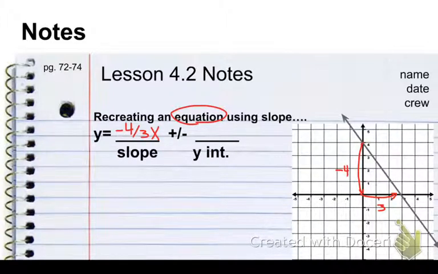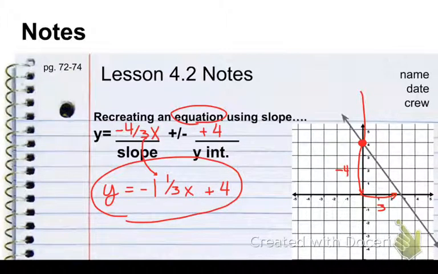plus or minus the y-intercept. And the y-intercept is, well, where is this line crossing my y-axis? Where do I start my line? I start my line here at positive 4. So all I do is recreate this equation as y equals negative 1 1/3 x, just reduced down, plus 4.